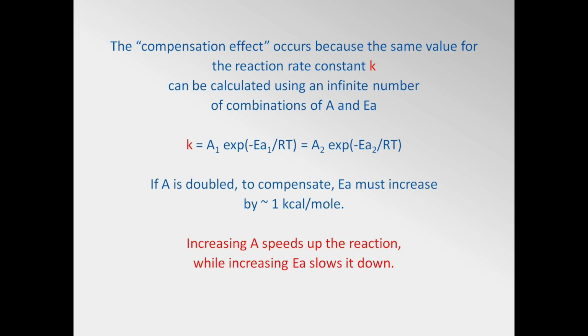And that is because if you increase A, the reaction will go faster. And to compensate for that increase and keep the calculated value the same, you must also increase E in order to slow down the rate.